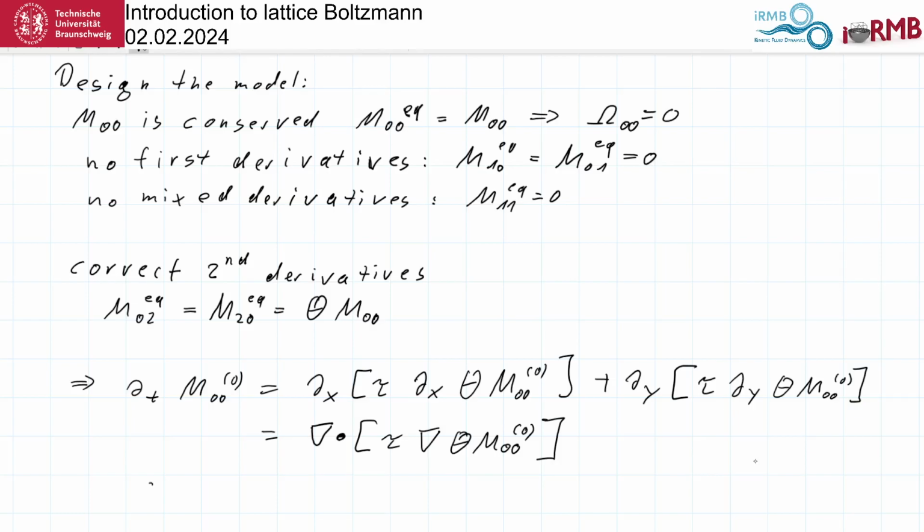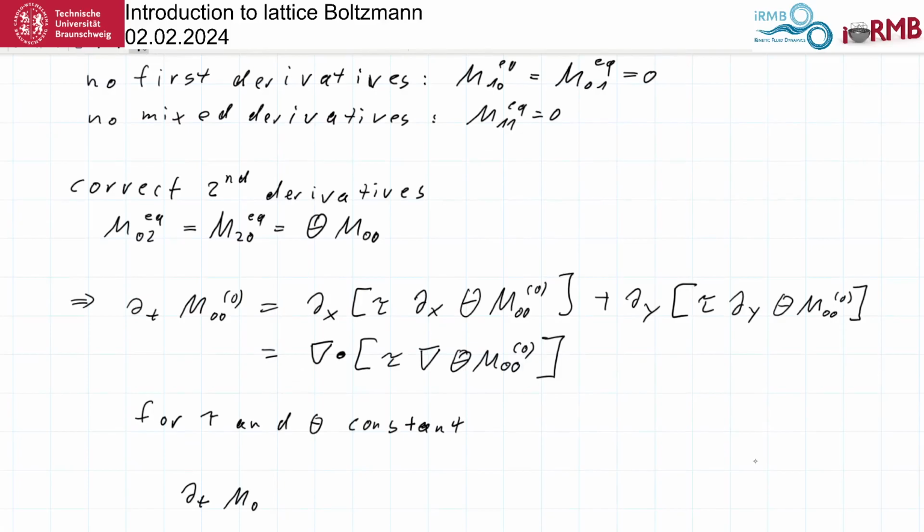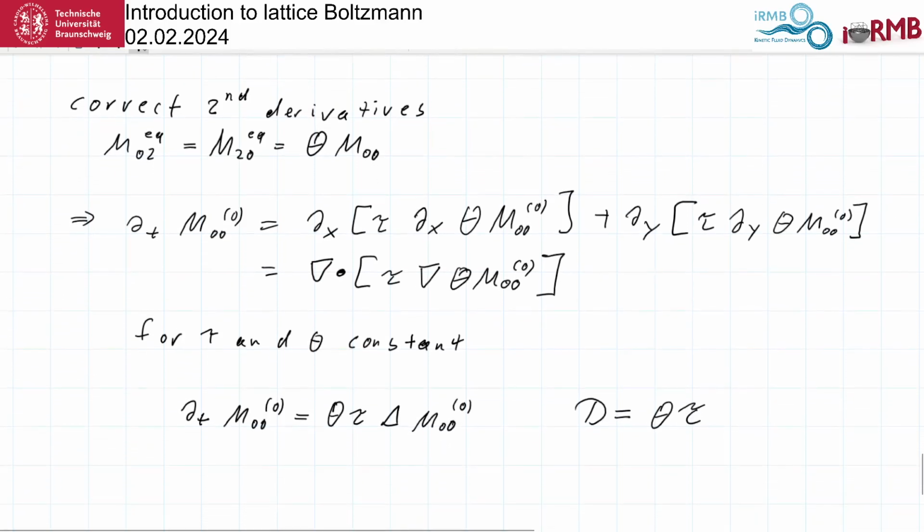But now we could assume that tau and theta are constant, and then we end up with dt M00 to 0 order is equal to theta tau Laplace operator on M00 to 0 order. And this means that our diffusion coefficient D would be theta times tau, which, to be more accurate, is theta times 1 over omega minus 1/2, if we want to implement it.